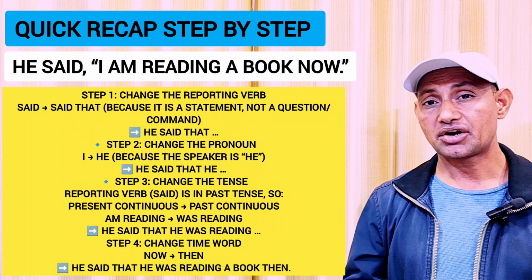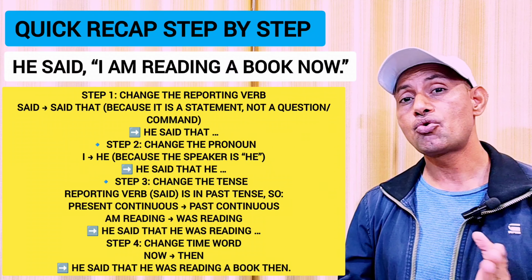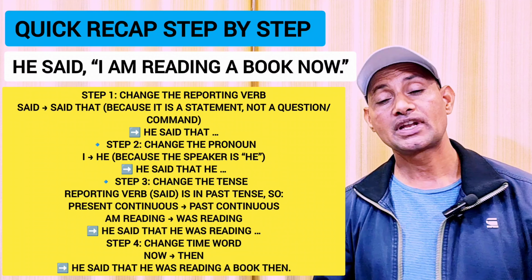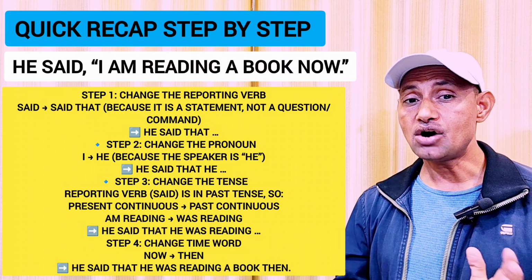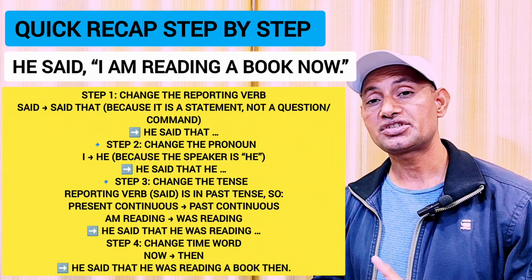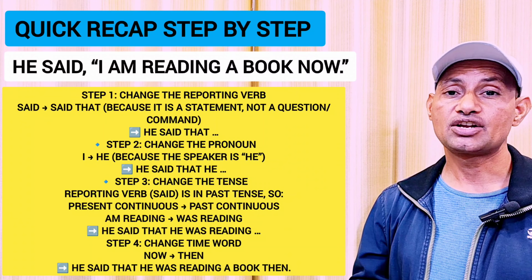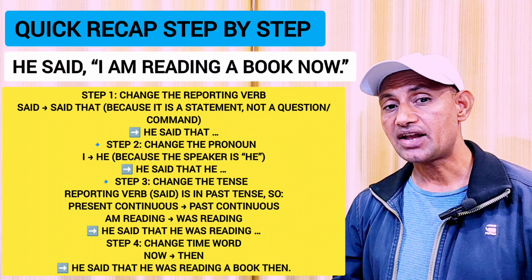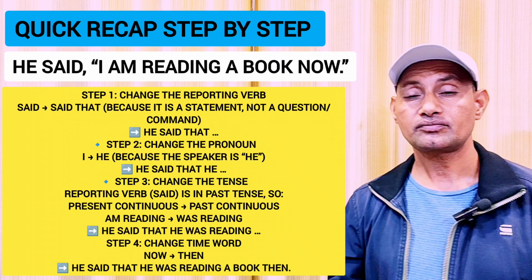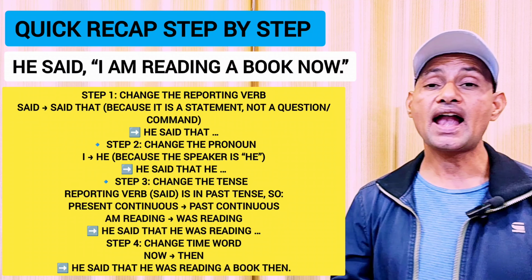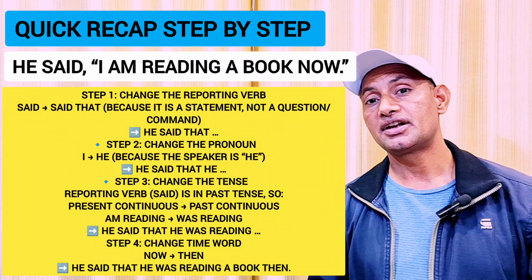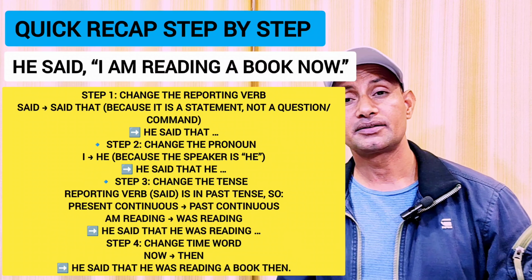Then "am reading" will change to "was reading," and this is the tense change. Next, "now" changes to "then." This is the time change. And then we're going to add "that" to the sentence. The final sentence will be: He said that he was reading a book then.